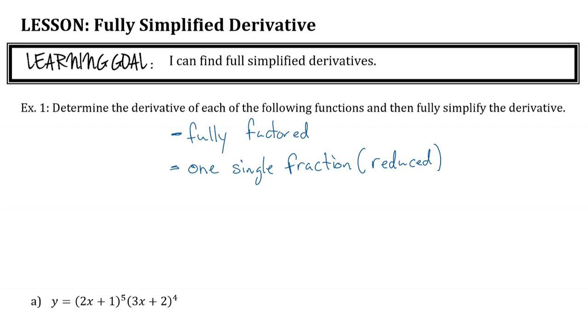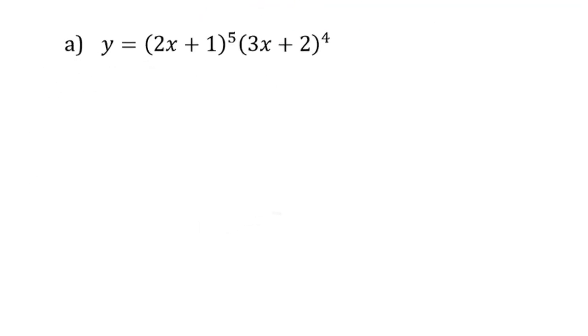So all of that process should happen. That's what it means for something to be fully simplified. Okay? All right, let's get started and see what this looks like. So you got to know, when we say fully simplified, it means one fraction altogether, and it means fully factored and reduced.